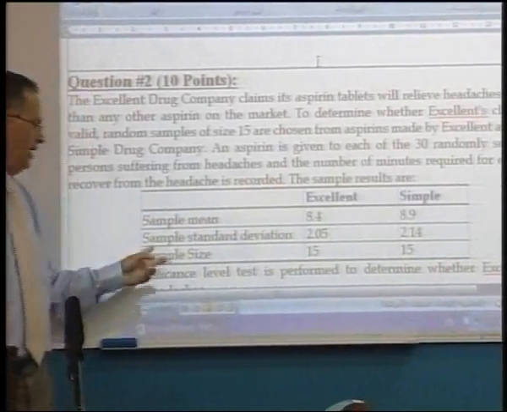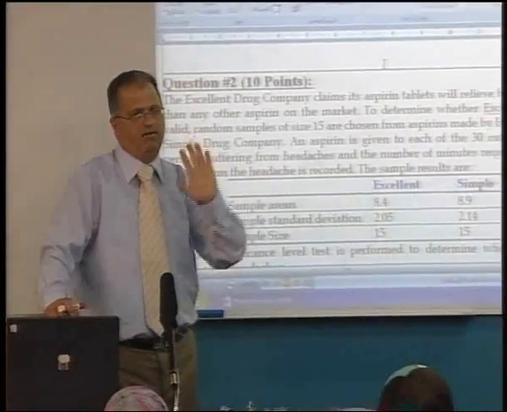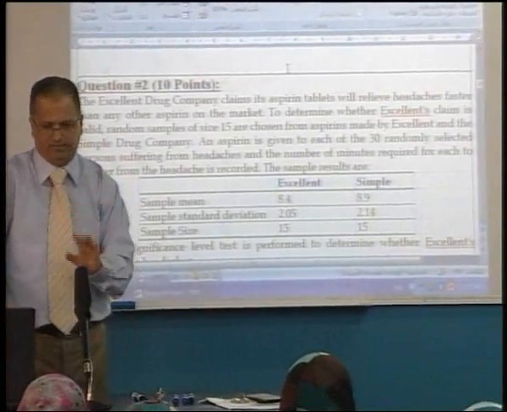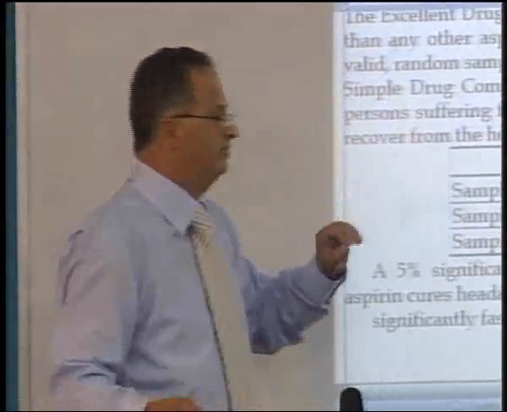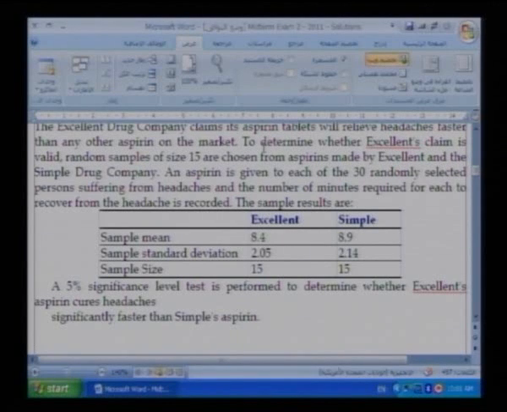And as we mentioned, the sample sizes are equal, 15 and 15. Now we are going to test at the 5% level of significance whether Excellent's aspirin cures headaches significantly faster than Simple aspirin.